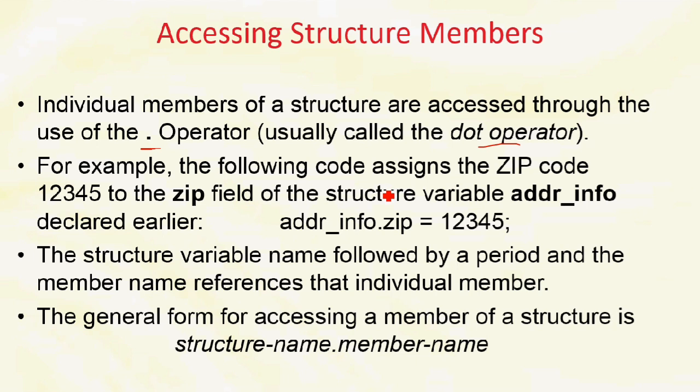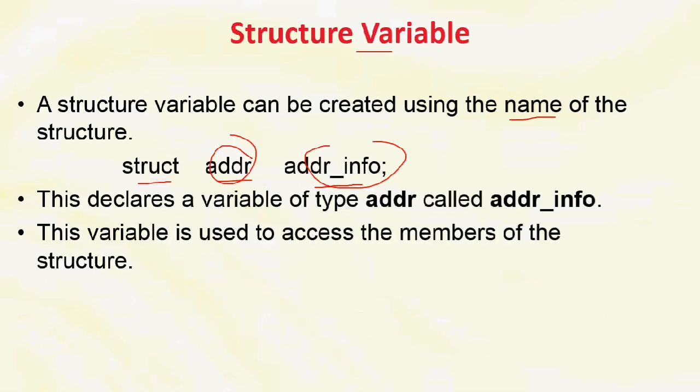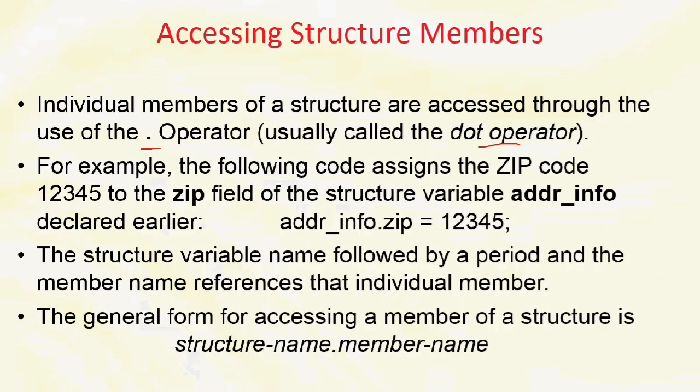For example, we saw a structure addr. To access this postal code zip, here we created address info as a structure variable. So we have to use it like this: address info, this is the name of the structure variable, then the dot operator, and this is the structure member.